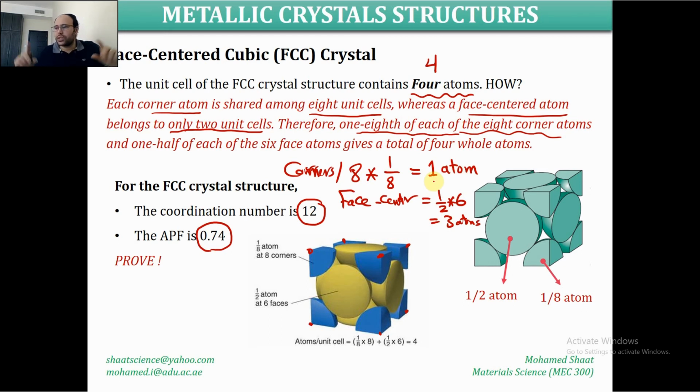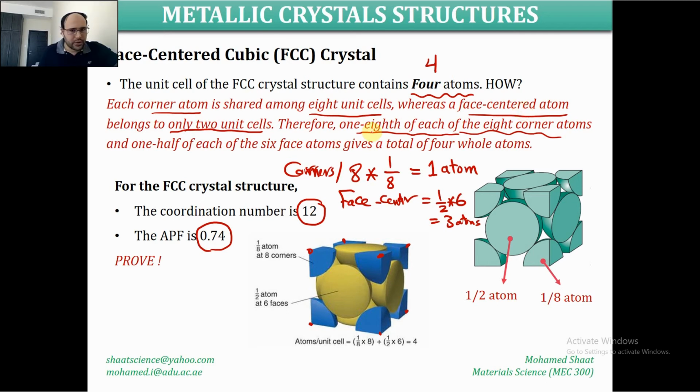1 atom, which is the sum of all the corners, and 3 atoms, which are the sum of all the faces. This gives us in total 4 atoms forming the unit cell of the Fcc crystal structure. So if you are asked why the Fcc crystal contains 4, it is because each corner atom is shared between 8 unit cells, and every face center atom is shared between 2 unit cells.